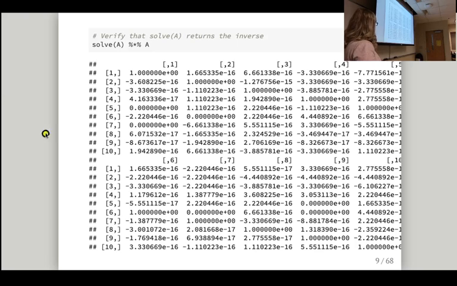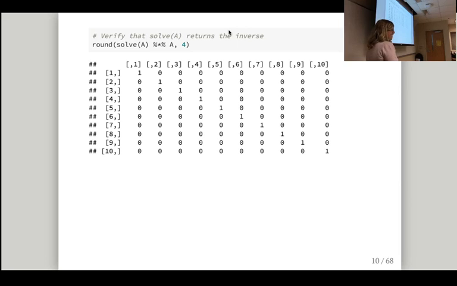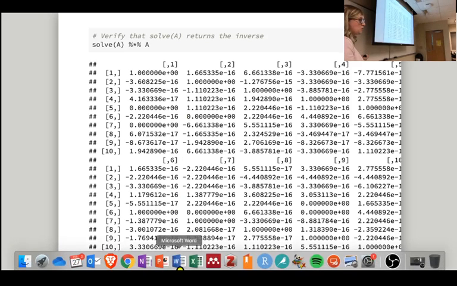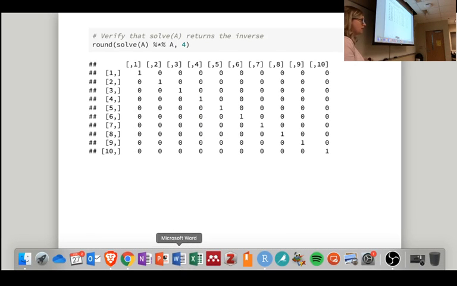We have a lot of numbers times 10 to the negative 16th, 10 to the negative 17th. This is purely a function of how computers do this calculation. It's the identity matrix. So you'll see that happen quite often when you go to do a calculation or verify some result. You may see decimals, but if they're decimals to the 16th or 17th decimal point, we don't really worry about those.